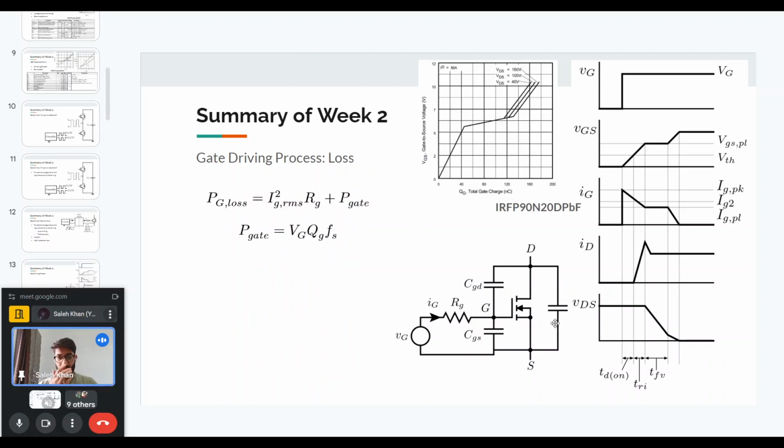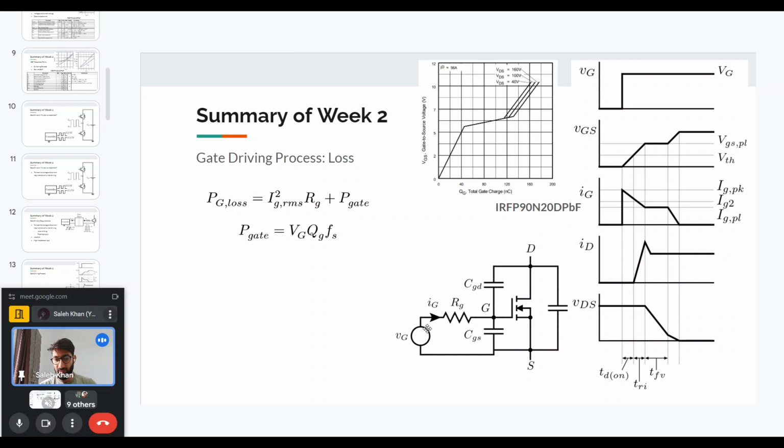Next, we can also see that during this gate driving process, there will be losses associated with it. One loss will be in the gate resistance RG. Whatever the gate current is, there will be an RMS value of that current, and that will lead to losses in the gate resistance.